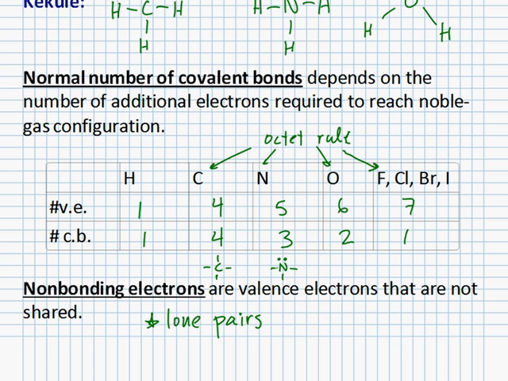Right? If we have 3 covalent bonds, 1, 2, 3, 4, 5, 6, 7, 8. Oxygen, 2 bonds and 2 lone pairs. Halogens like fluorine, 1 bond and 3 lone pairs. Notice in all of these cases, there are 8 electrons around those atoms. Remember, each of these lines is 2 electrons. So 1, 2, 3, 4, 5, 6, 7, 8.